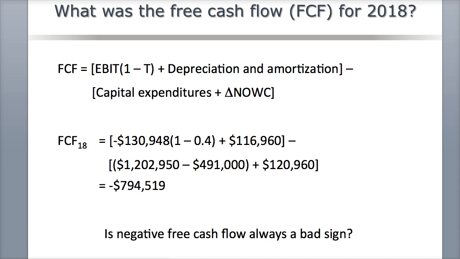Now, this EBIT times 1 minus the tax rate is sometimes referred to as NOPAT, net operating profits after taxes. Depreciation and amortization are added back because, like I said before, these are non-cash charges, which means that we reduce the income by this, but when we're calculating our taxes, we add it back after taxes because really this cash didn't leave the company.